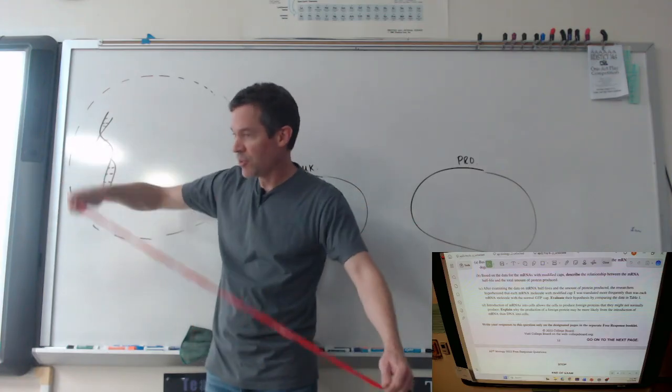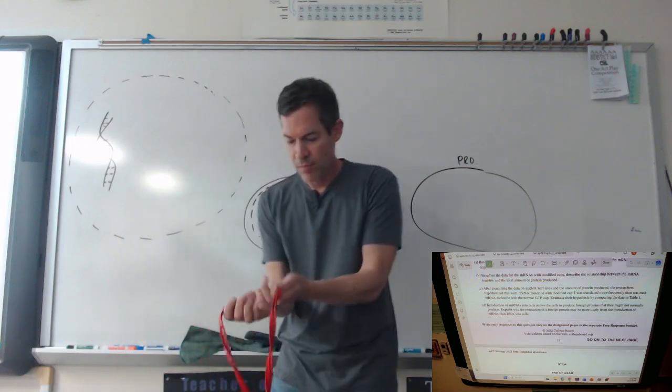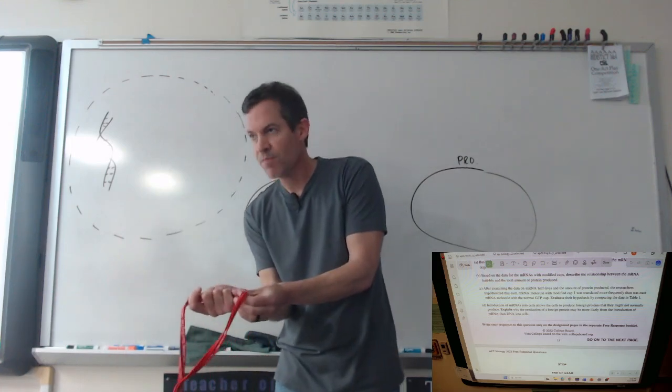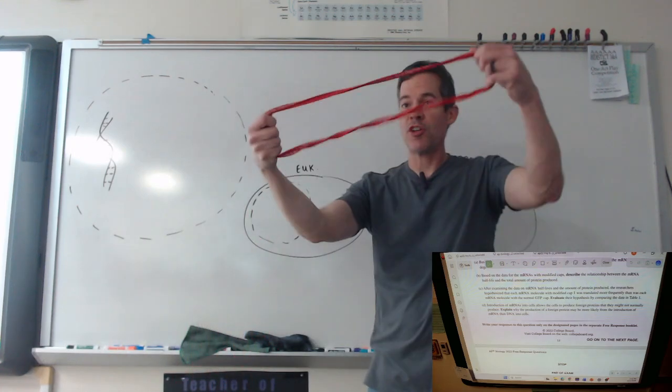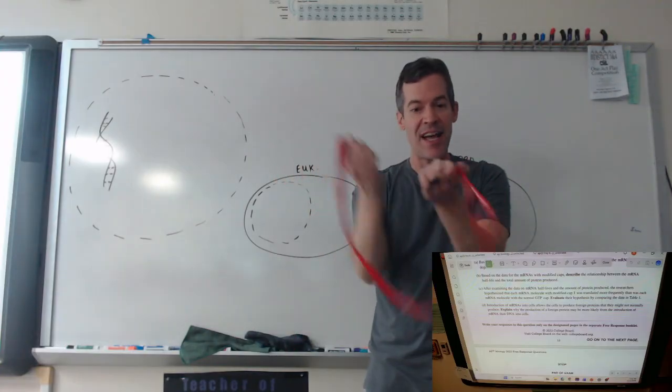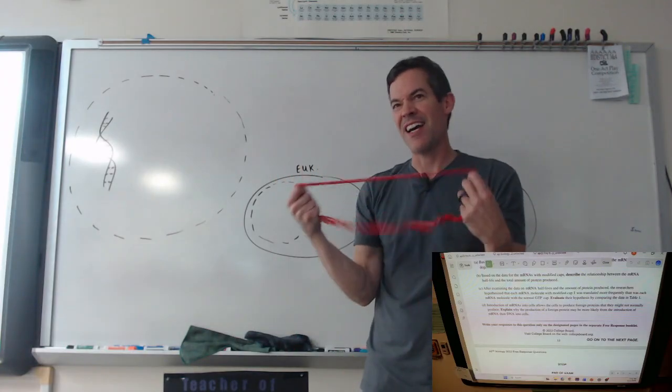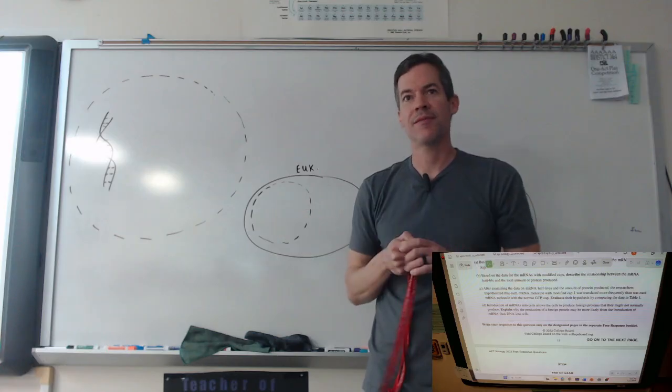And then bacterial DNA is still double helixed, but it's just joined at both ends. It's still a double helix, but that end and that end join, so it's circular. So it's not that. It's something else.